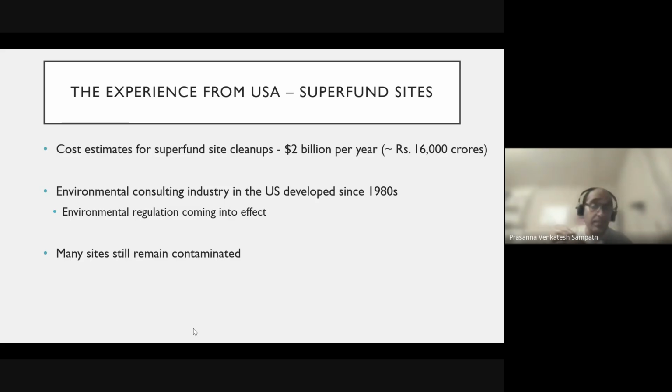Similar challenges exist for us as well. They started 40 or 50 years back and still have these issues. If we start today, it will take 30, 40 years to get to the stage where it is cleaned up by 70% or 80%, but still some 20% is left. So it's a long drawn-out process, and it requires understanding of how to go about solving this problem.